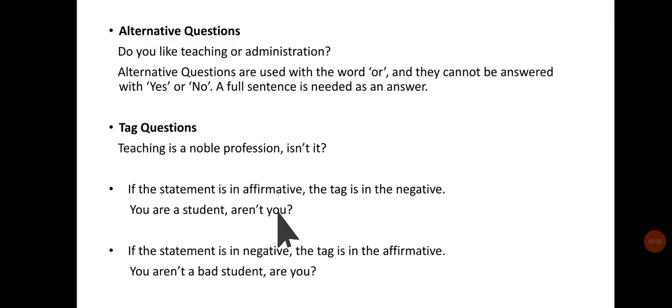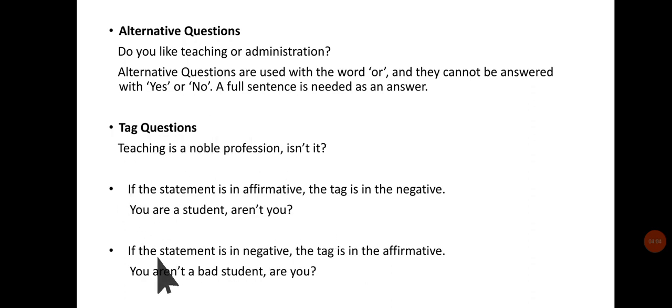One rule that you have to remember here is, if the statement is in affirmative, the tag is in the negative. If the statement is in affirmative, in the sense, if the statement is positive, the question tag would be negative. For example, you are a student, and the question tag here is aren't you? So are becomes aren't, and you is used as it is.